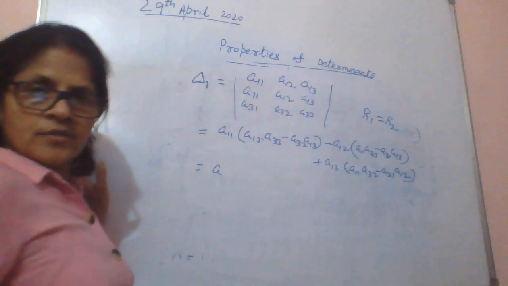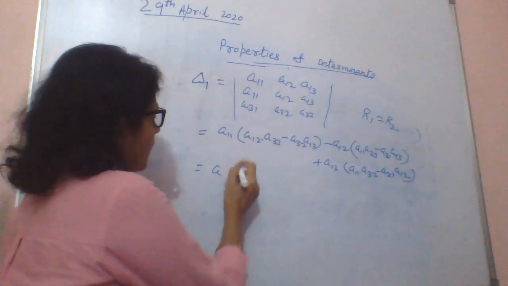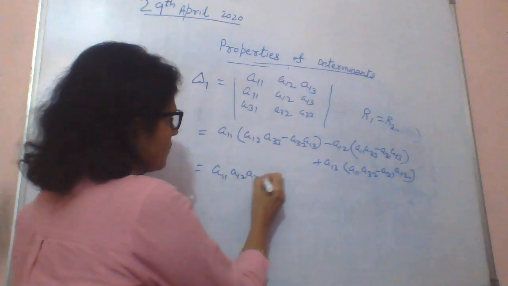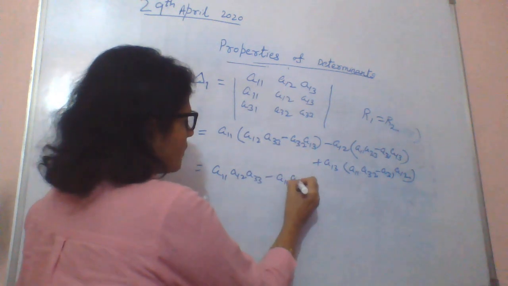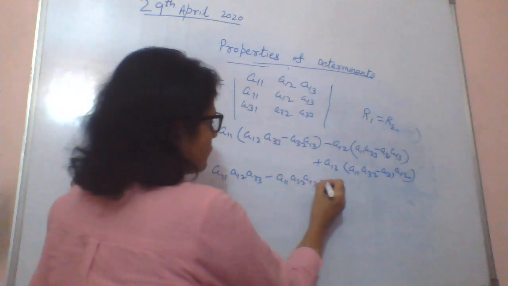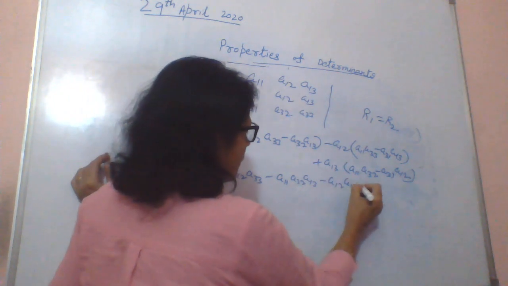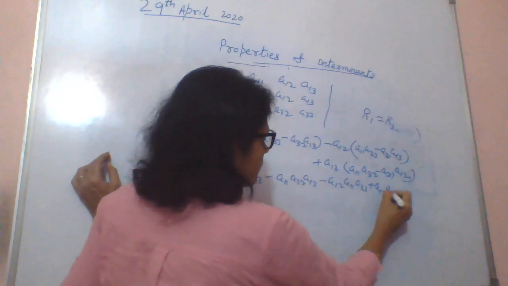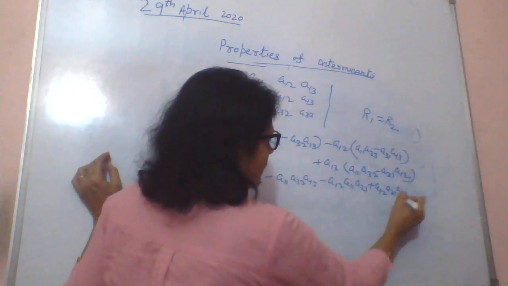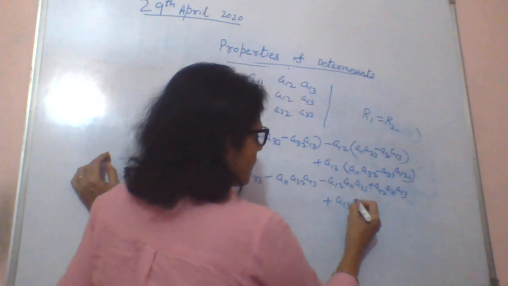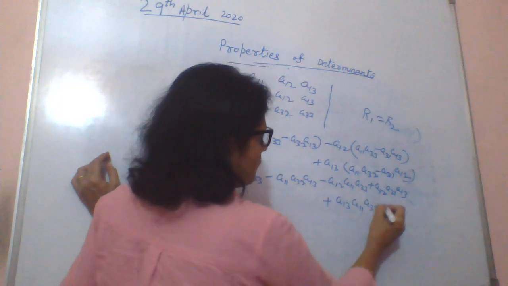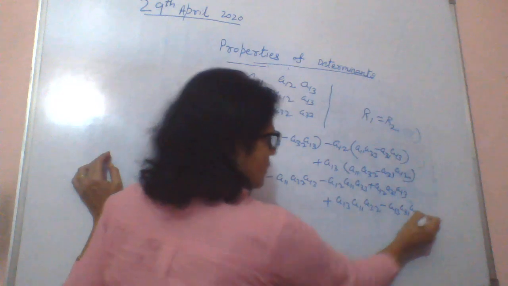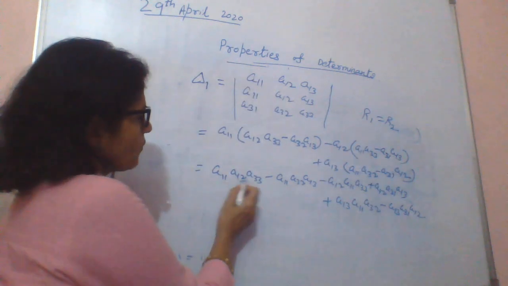Now expand the brackets: A11 A12 A33, A11 A32 A13, A12 A11 A33, plus A12 A31 A13, and so on, in this way.